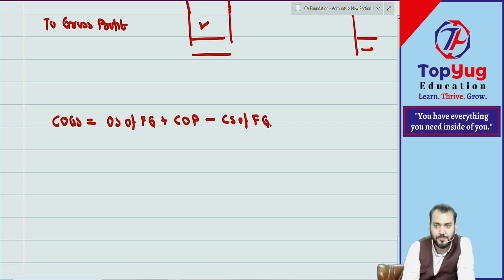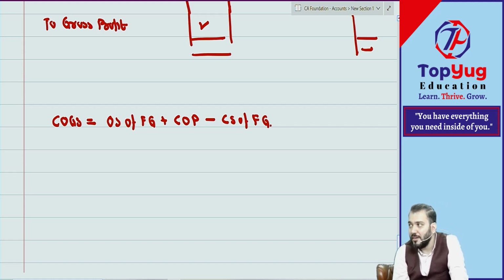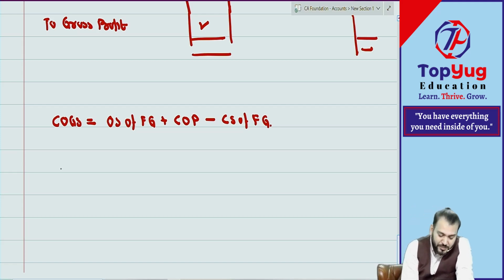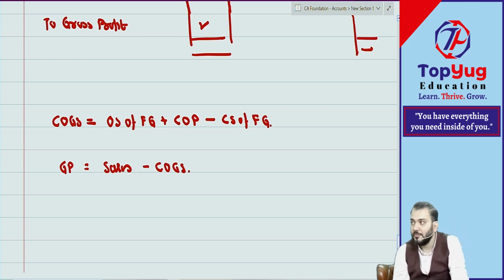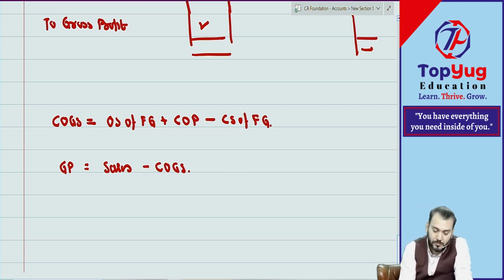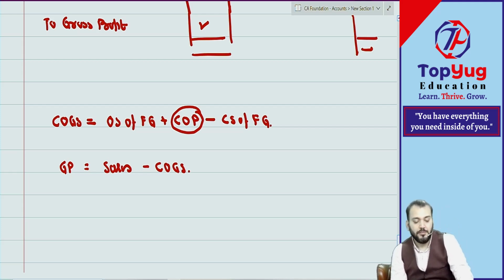Means you are expert. Correct. Means can I say GP is equal to what? Sales minus cost of goods sold. COP means what? Cost of production. Done. Chapter over.